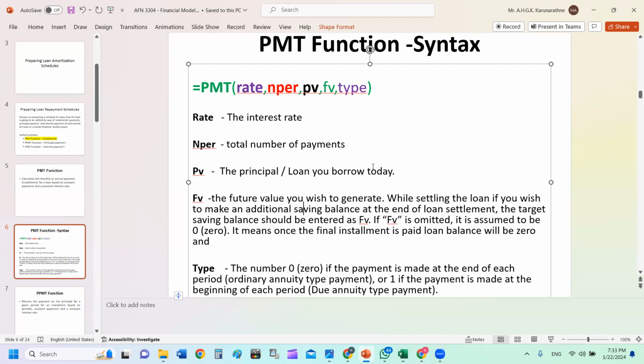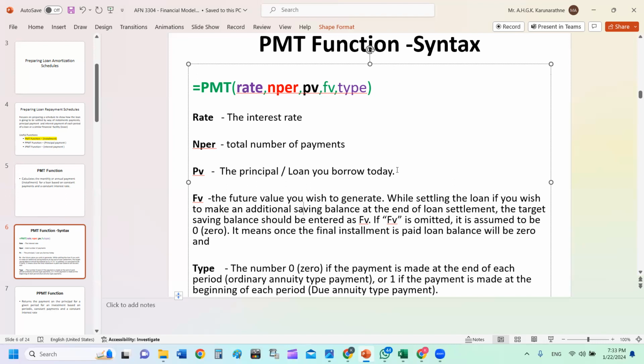If you borrow 5 million today, and if you are going to repay the loan as scheduled for 5 years, maybe monthly basis or annual basis, end of the loan period, your loan becomes zero. You keep paying your installment. End of the loan period, after making the final installment, what happens? Your loan becomes zero. So that's your usual expectation.